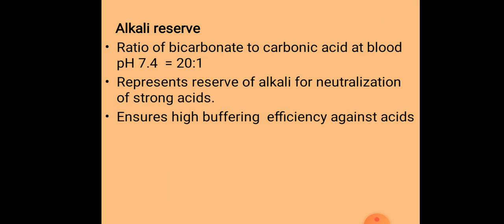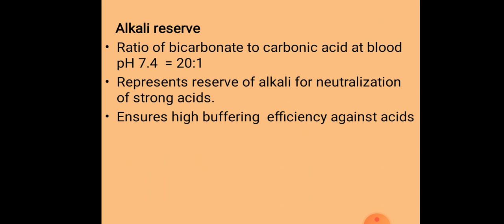Now, the ratio of bicarbonate to carbonic acid at blood pH 7.4 is 20:1. So it represents a reserve of alkali for neutralization of strong acids. The concentration of bicarbonate is 20 and that of carbonic acid is 1, so the base to acid ratio is high.